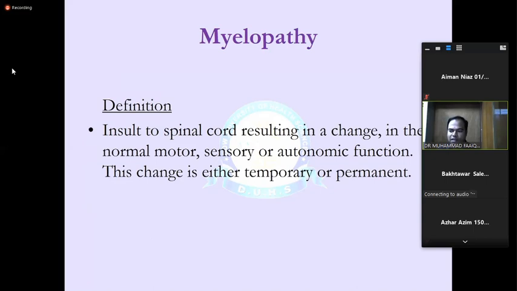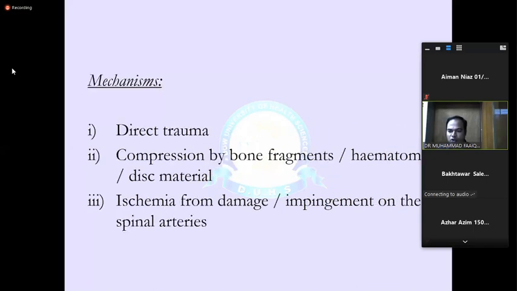And if there is a compression, for example, because of trauma, because of tumor, because of any disc herniation, if the spinal cord is compressed because of a tumor, because of disc herniation, or because of any bony fragment causing compression over the spinal cord, this will be referred to as compressive myelopathy.